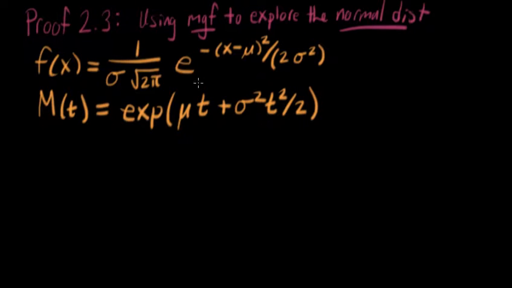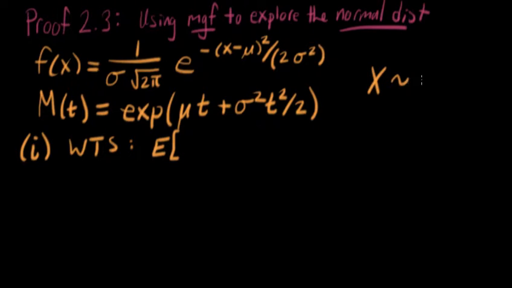Right. So what do we need to do? The first part of this proof asks us to show that the expected value of, and we're going to say that x is a random variable that is normally distributed.